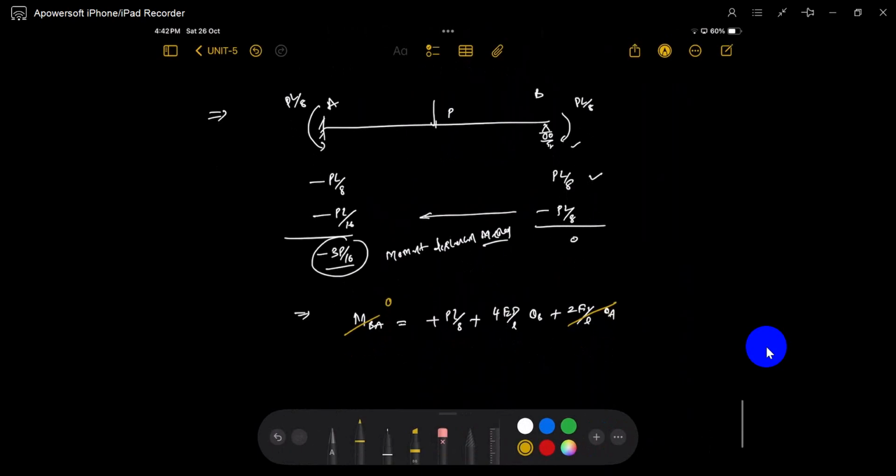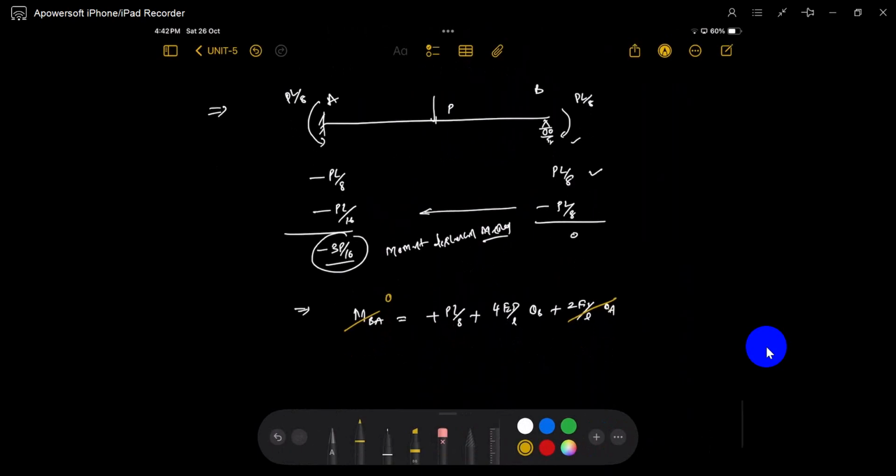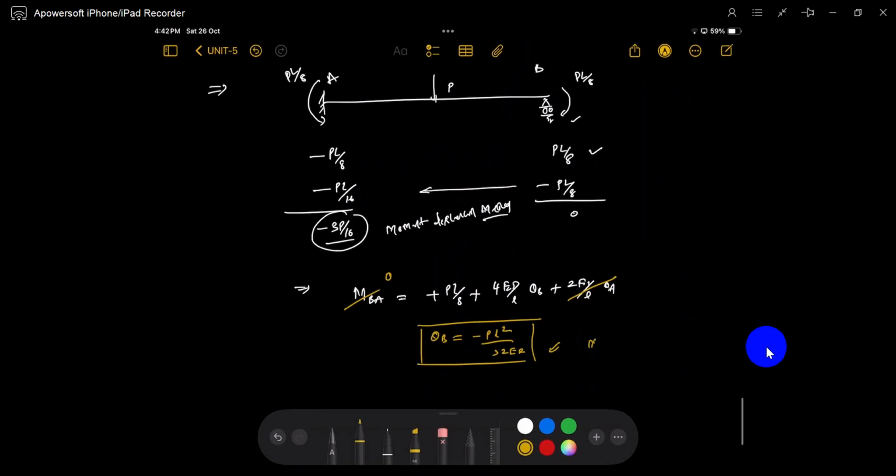You can place it and solve it. Theta B you will get as PL squared by 32EI, negative. Once you get theta B, you can place it in MA and get the MA value. This is the slope deflection equation. The same problem you can solve in the strain energy method, column analogy method, anything.